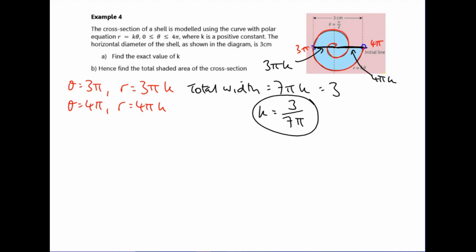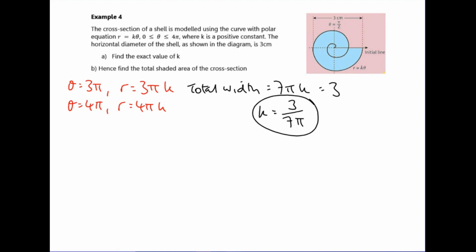Then it says, hence find the total shaded area of the cross section. What I don't want to do is integrate between 0 and 4 pi, because you'll get some bits that overlap each other, like this bit between 0 and pi overlaps this bit between 2 pi and 3 pi.